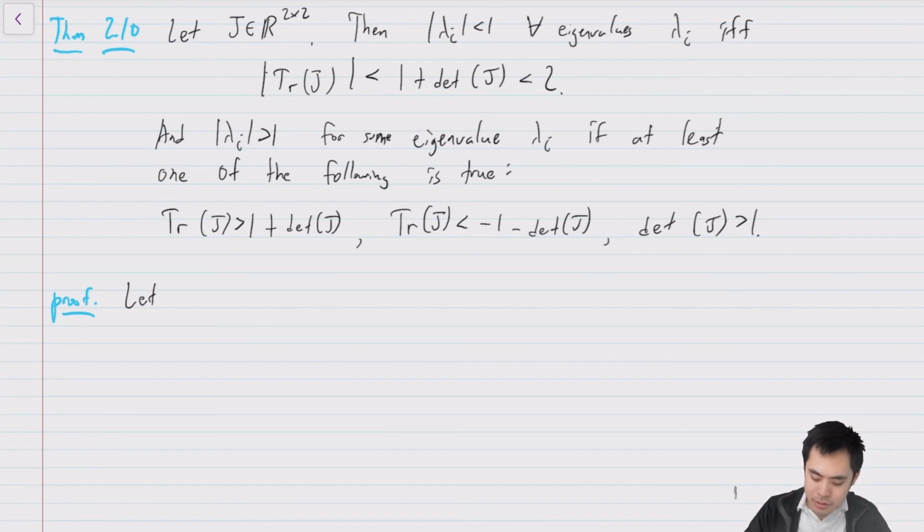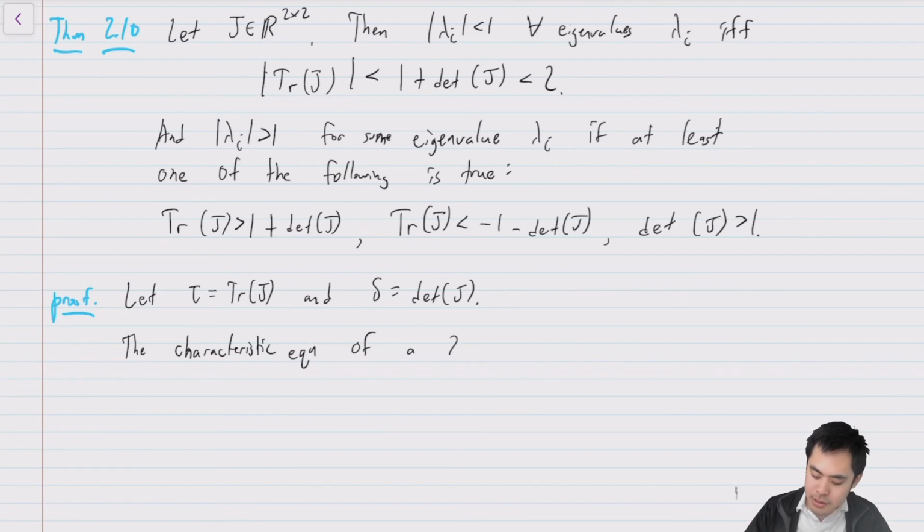So first, since we're going to be using trace and determinant a lot, let's set trace equal to tau and determinant of J equal to delta. So the characteristic equation of a 2 by 2 matrix is p of lambda equals lambda squared minus tau lambda plus delta.